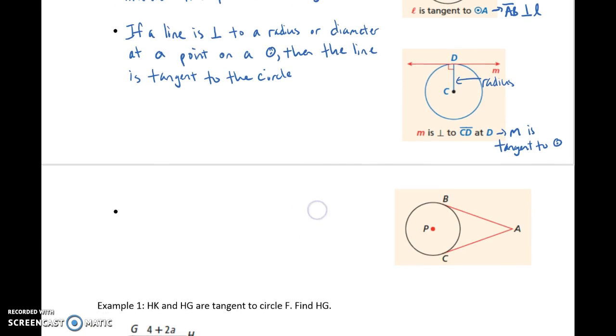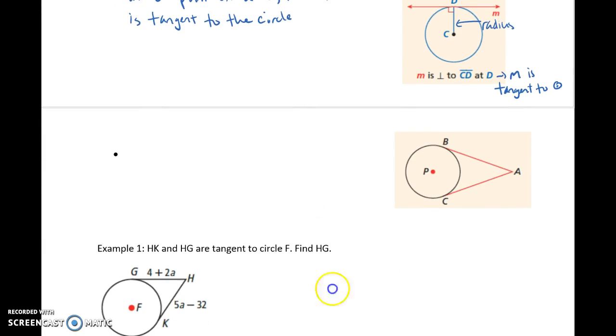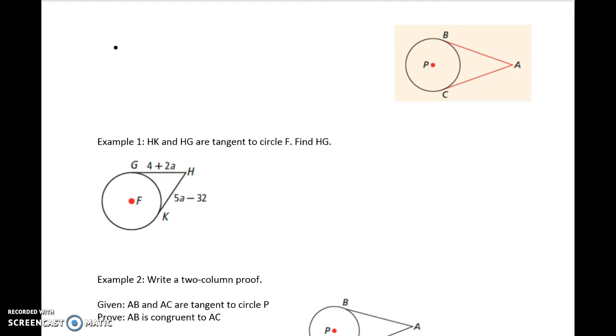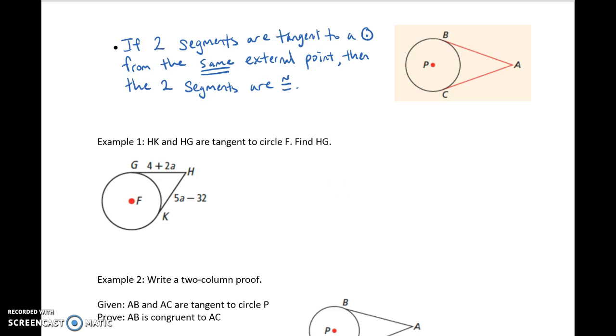Finally, our last theorem of the day here. What happens if we have two tangents coming from the same external point? Here, if we have two segments that are tangent to a circle, and they both come from the same external point, so they both have the same starting point here at A, then those segments are congruent.